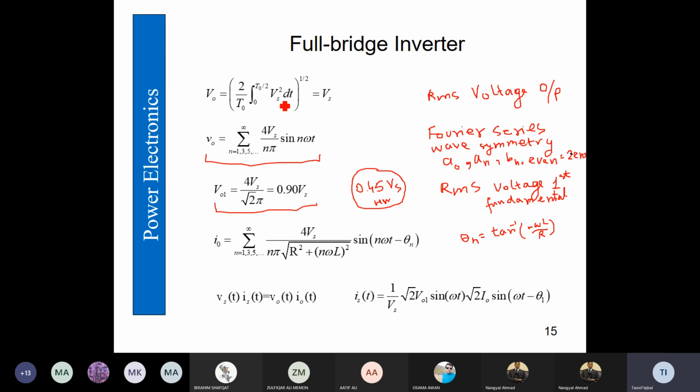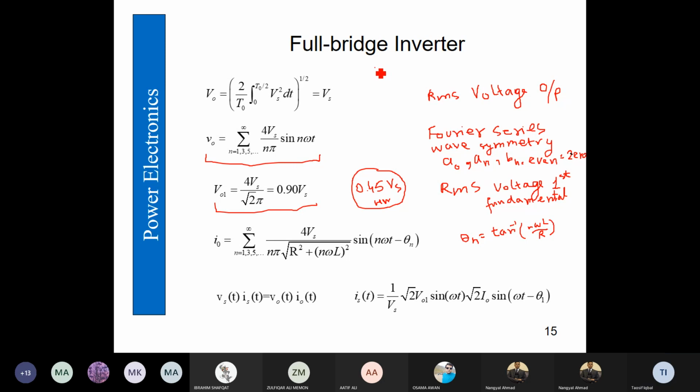For this, we are going to integrate the DC supply Vs square, and for half of the time period, because for the other half we are going to get the negative voltage. So the total average time period is T by 2. And therefore we get the total voltage equal to the DC voltage.